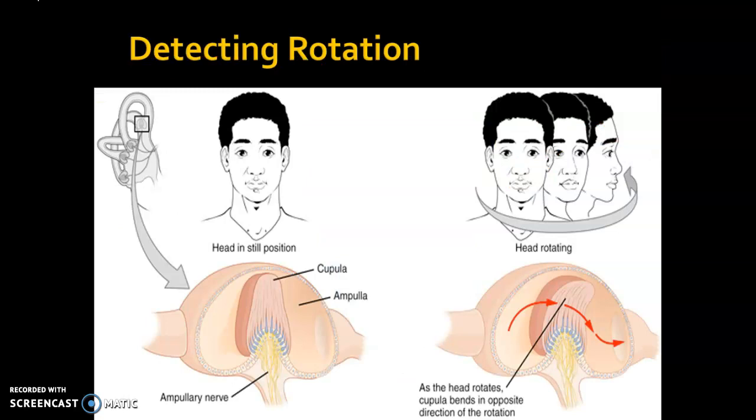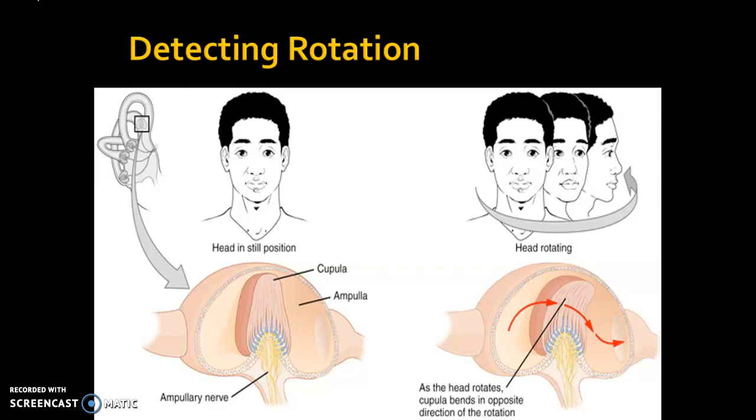All right, so I want you to know that within the ampulla, there is a structure called cristae ampullaris. The cristae ampullaris is made up of hair cells, and the gel-like structure that covers the hair cells is called cupula.